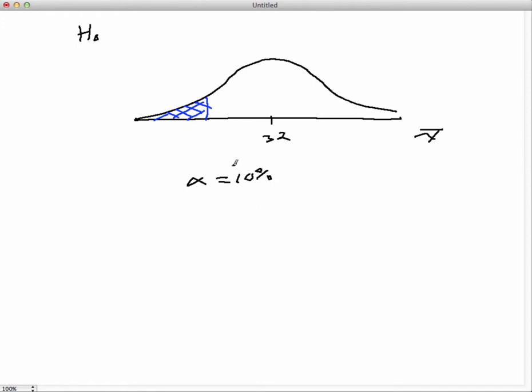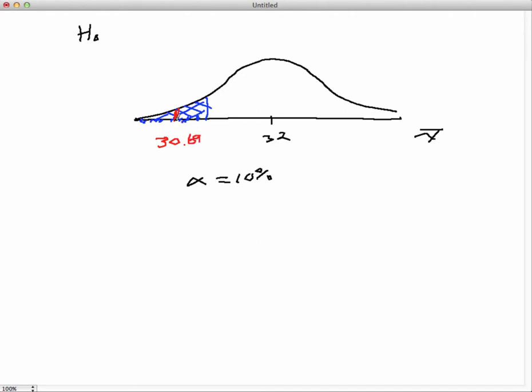So if I am indeed in the null hypothesis and I find a value that resides over there, I'm going to say it's unusual and I'm going to reject the null. In other words, any x bar that falls in this region is going to cause me to reject the null hypothesis. Now, my value that I discovered was right here, that was my 30.69, okay?